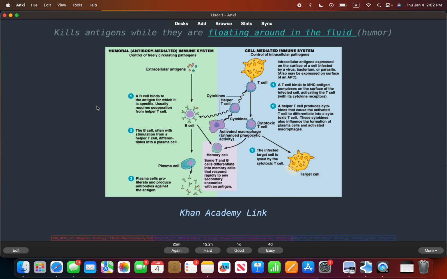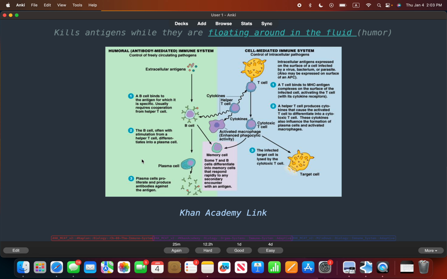Then the second step is that the B cell, often with stimulation from a helper T cell, differentiates into a plasma cell. And the third step is that the plasma cells proliferate and produce antibodies against the antigen.